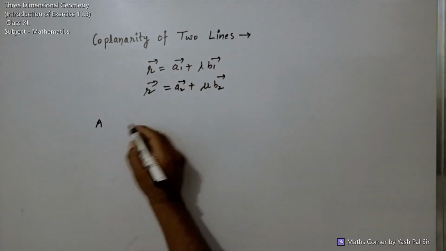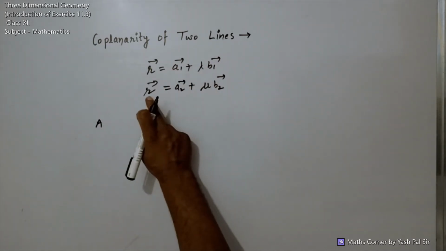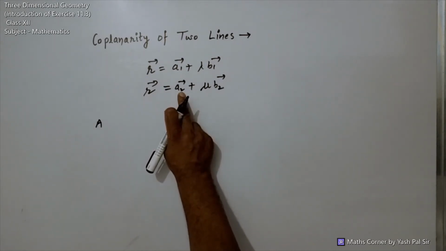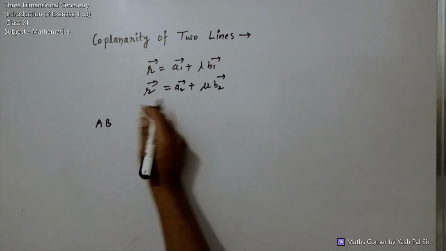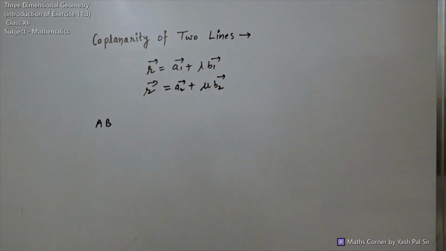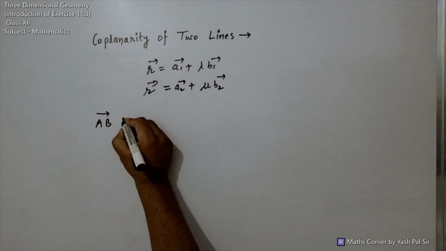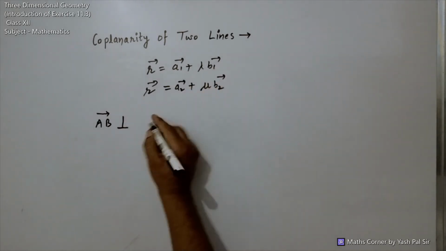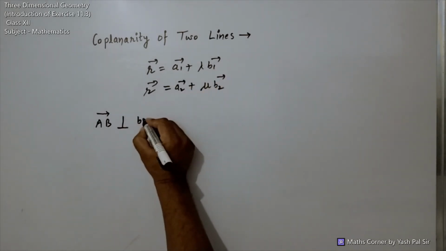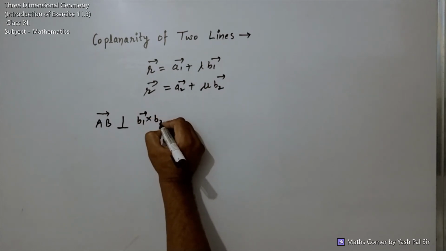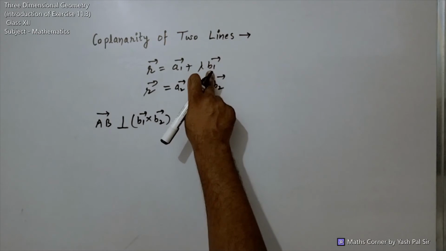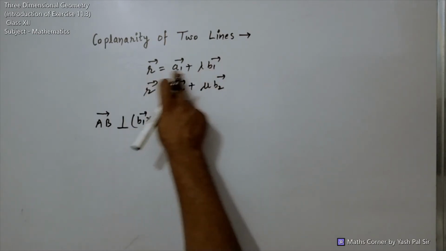Suppose the first line passes through point A whose position vector is a1, and the second line passes through point B whose position vector is a2. So we say AB is perpendicular to the vector b1 cross b2, right?